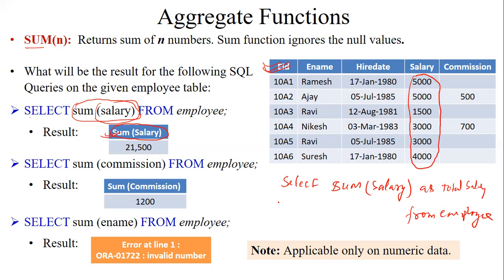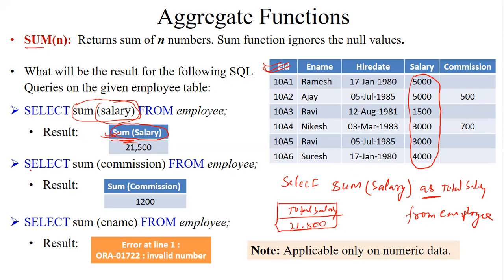In this case the result will be visible like that, with total salary written instead of sum of salary, and the value specified. So you can use as or alias to rename any column and display it according to whatever convenience you want.